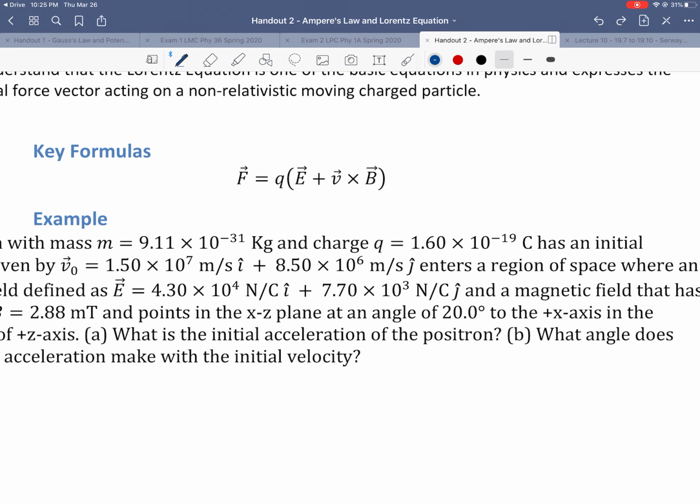I should backtrack slightly before we proceed. I'll go ahead and label some things. This is the force on the moving charged particle. All right, and then after this, we'll jump into solving the problem. Here we have the electric field vector.